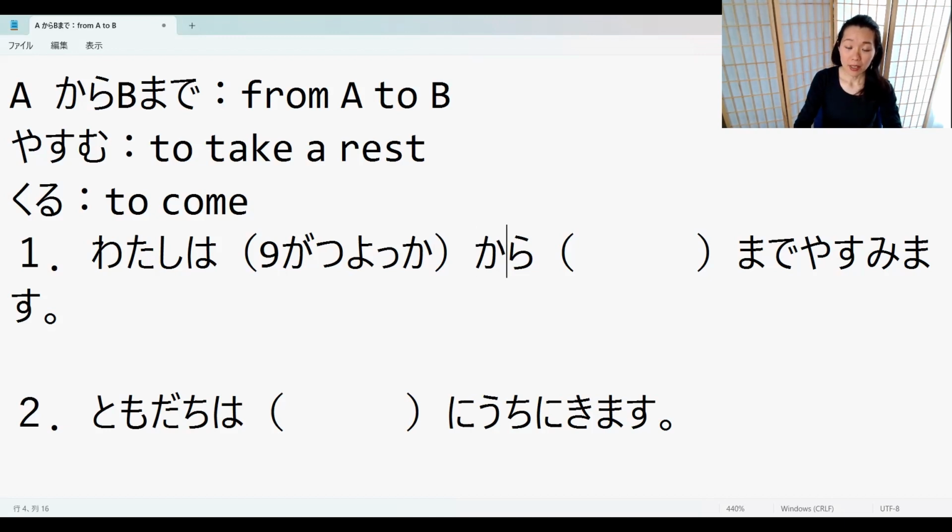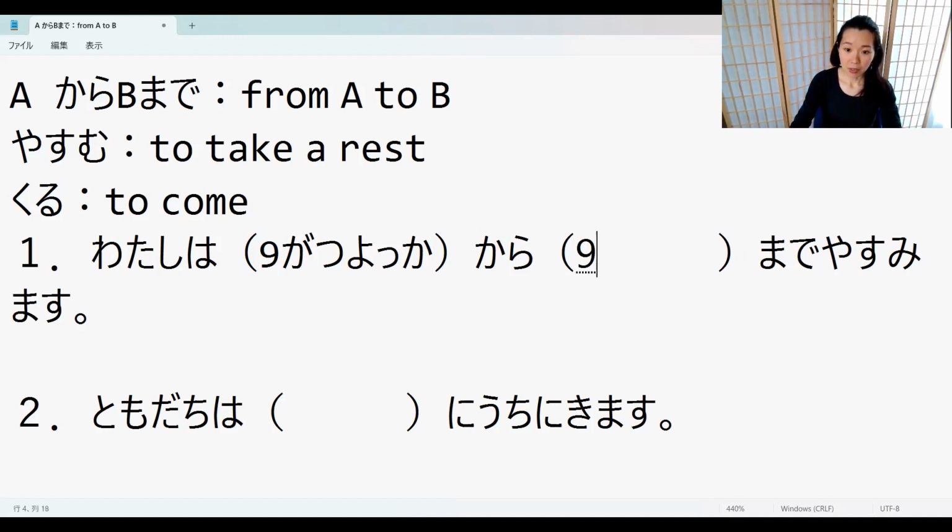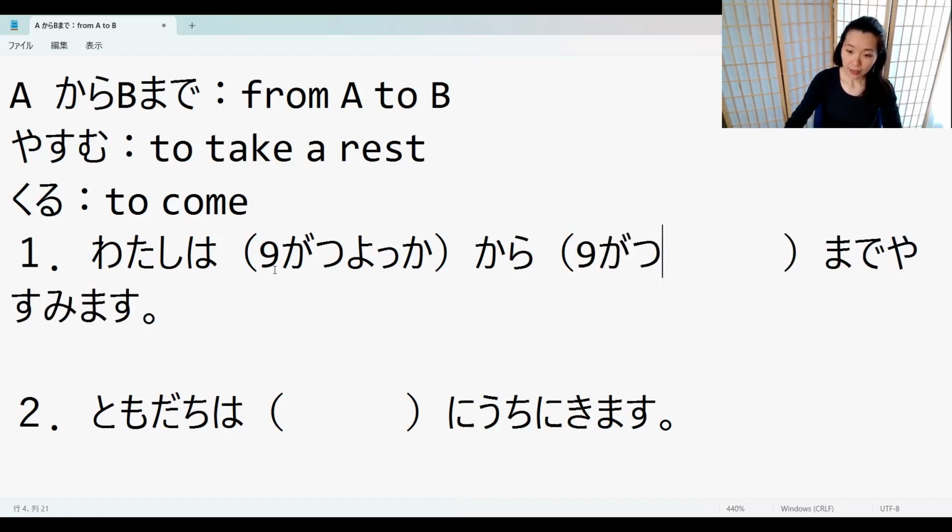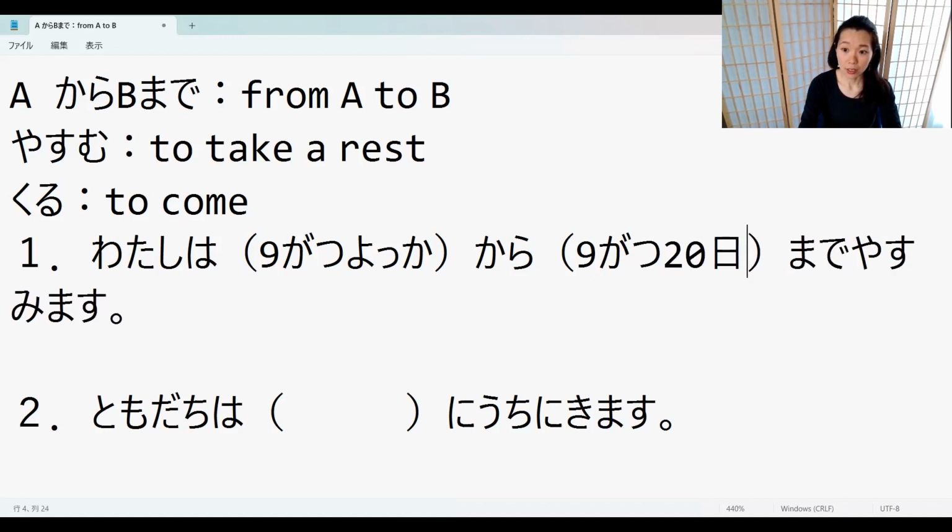So September. Then 4日 means the 4th. So 9月4日から9月, same, I use the same month, 9月. The next one is 20日. This is a special pronunciation, and I use the kanji here. So it's read as 20日. So that's the answer to question 1.